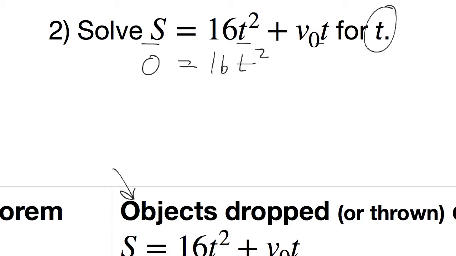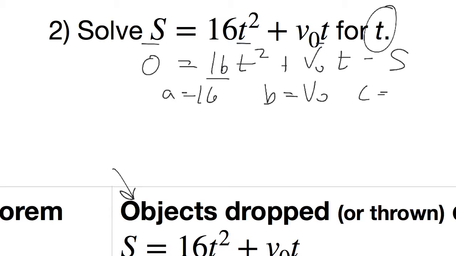16t squared plus v0t minus s. And because this is a quadratic equation, we can just plug a equals 16, and b equals v0, and c equals negative s into the quadratic formula. And what we get is this.